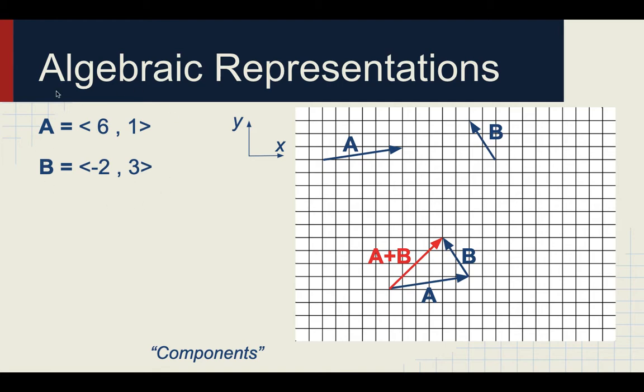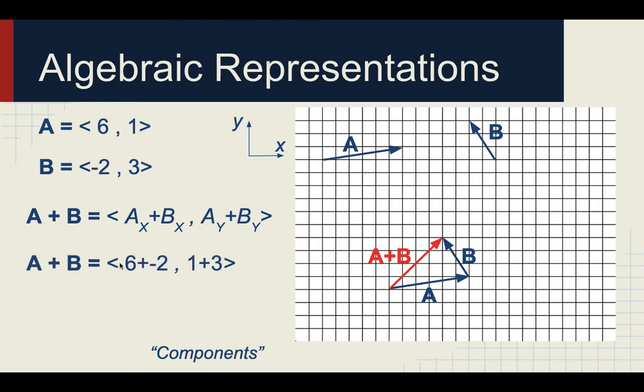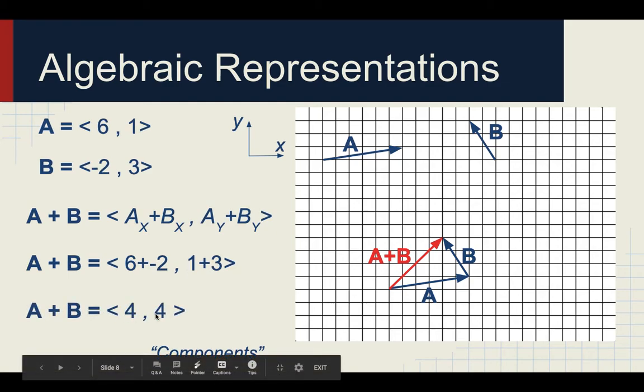But if we want to do this algebraically, we can actually do this just by adding the components. So if I want to get a plus b, I can add 6 to -2, and that gives me the x component. And I can add 1 to 3, and that gives me the y component. Basically, we add the x components, and then we add the y components. So in this case, it would look something like this: 6 plus -2, 1 plus 3, and we get 4, 4.